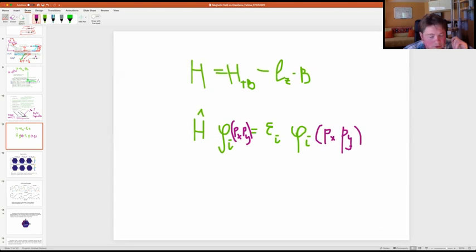Right? So, the time independent Schrödinger equation.